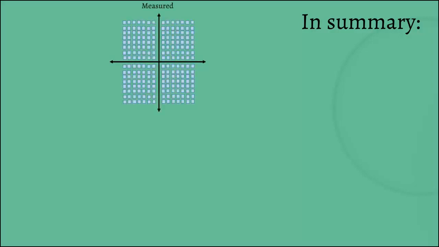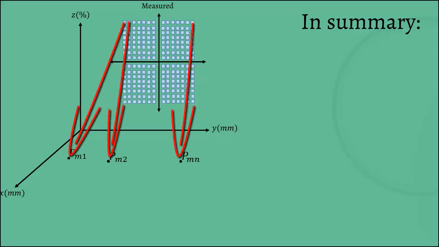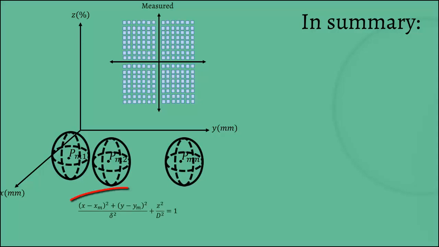In summary, for every detector that measures radiation, we know its position and we show it on the plane XY. As I said, we have coordinate points 1, 2, and up to N. They're the detectors that measure radiation, and around every single one of them we generate an ellipsoid of revolution with the characteristic values delta and D, whose equation is as demonstrated.